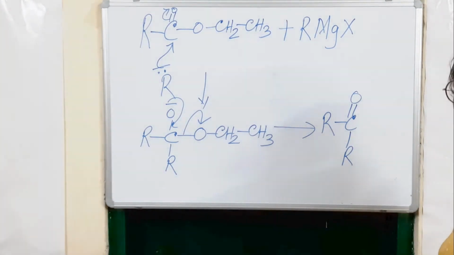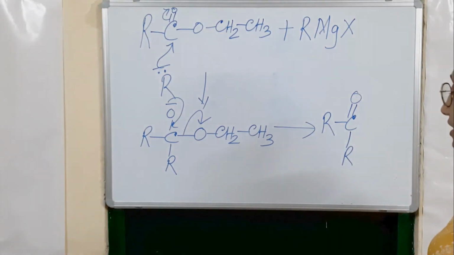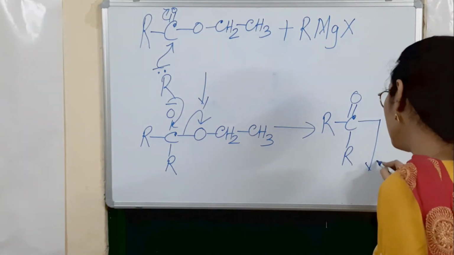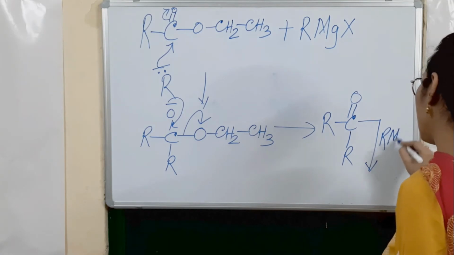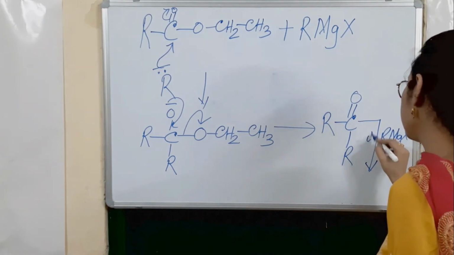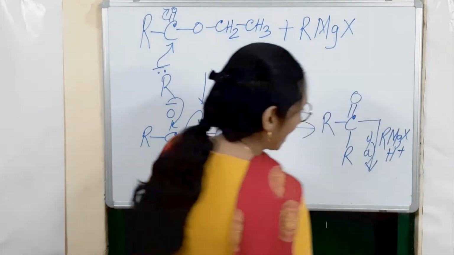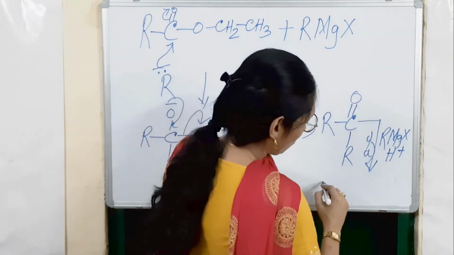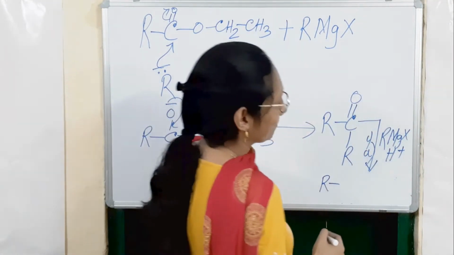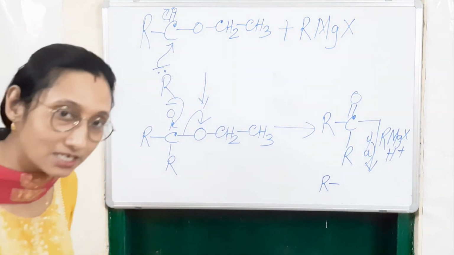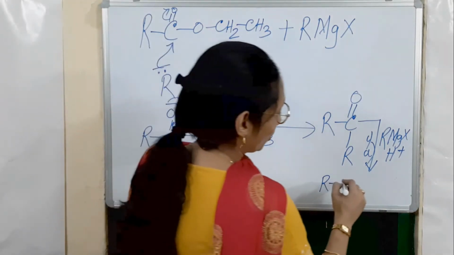The reaction will not stop at this stage. This ketone formed will further react with RMgX followed by decomposition with acid to give you what? Just now we have learned that ketones plus Grignard reagent give us 3-degree alcohol.